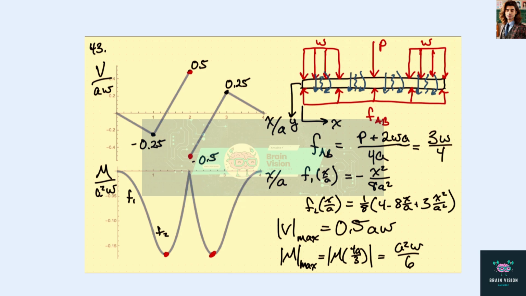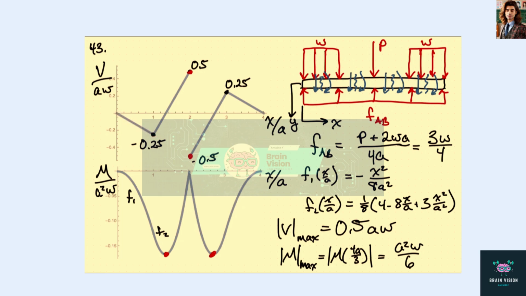So we take cuts in these regions here, where things change, and we see that there's zero shear force at the end, and also zero moment at the end. And in this region here, we have two counteracting distributed loads, so we wind up with a net slope that's negative.